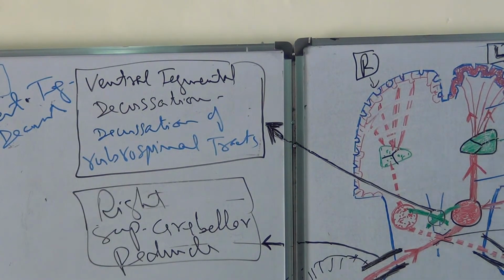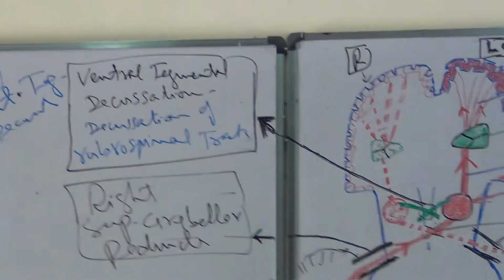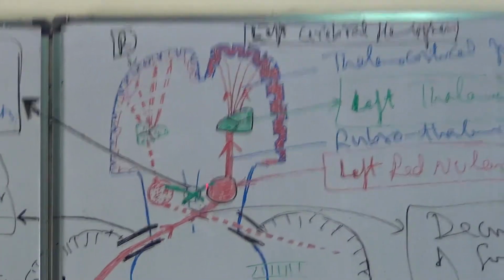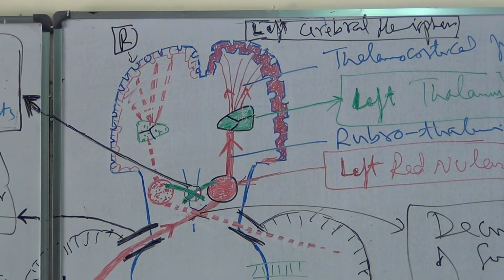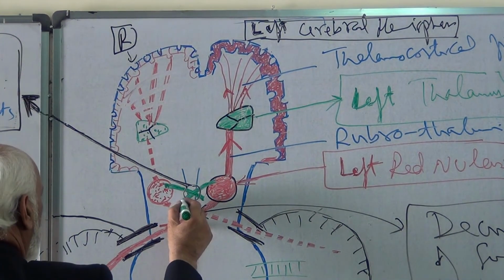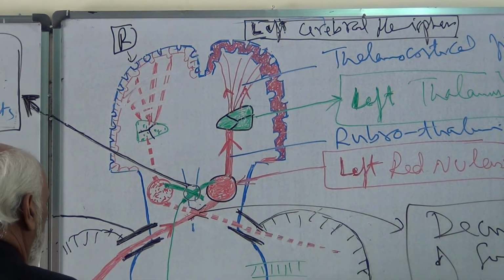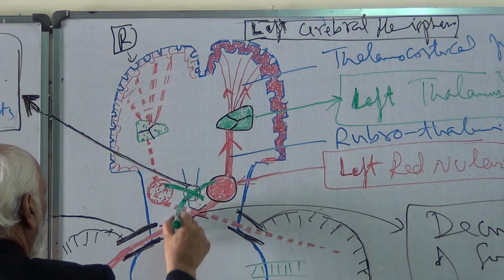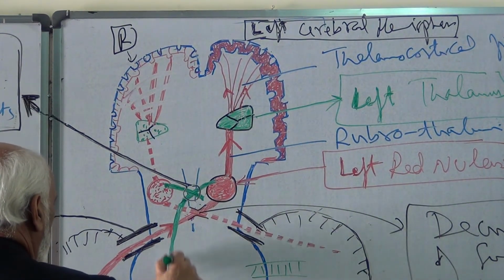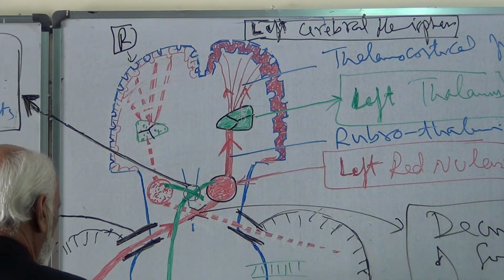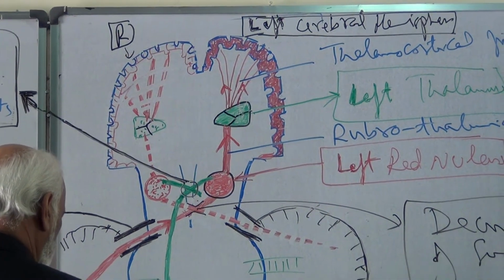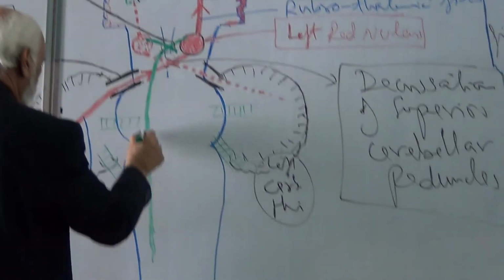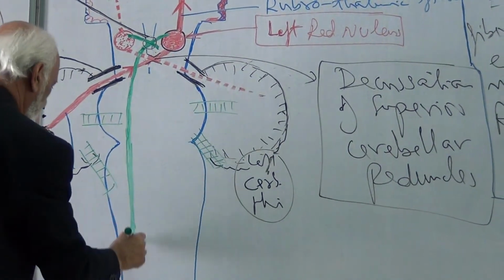So the rubrospinal tract from the left red nucleus crosses in the midline through the ventral tegmental decussation, then descends through the opposite half of the brainstem. This is lower part of the midbrain, pons, medulla oblongata, to enter the spinal cord.